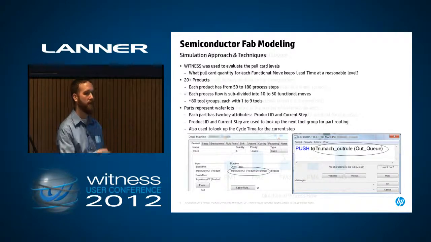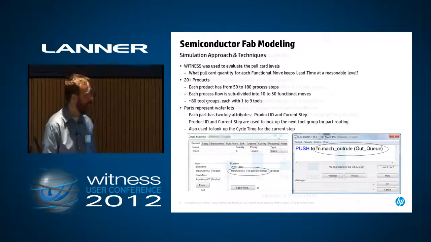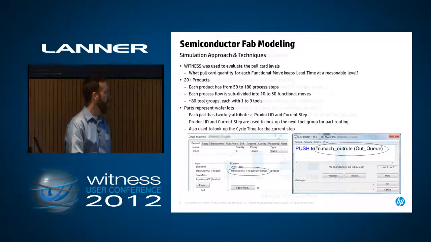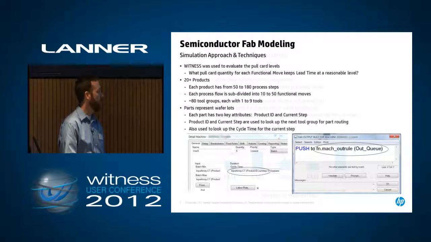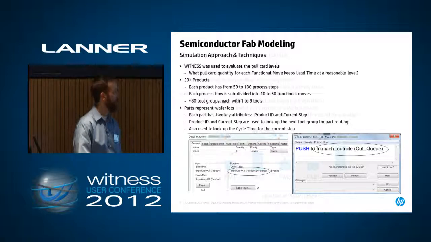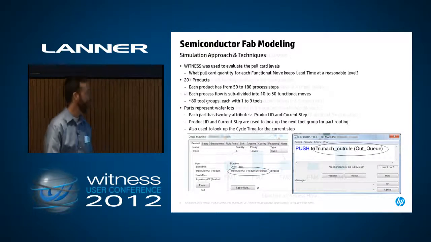So I needed to also make this configurable. So first, the flexible part. This is where part attributes come in very, very handy. I assign each wafer lot, which are the parts that flow through this model, 2 key attributes, a product ID and a current step, so where it is in the process flow.